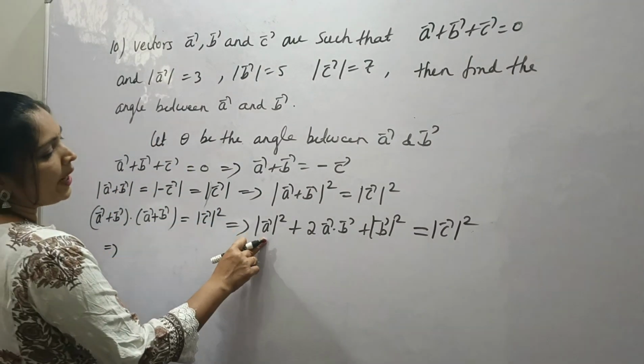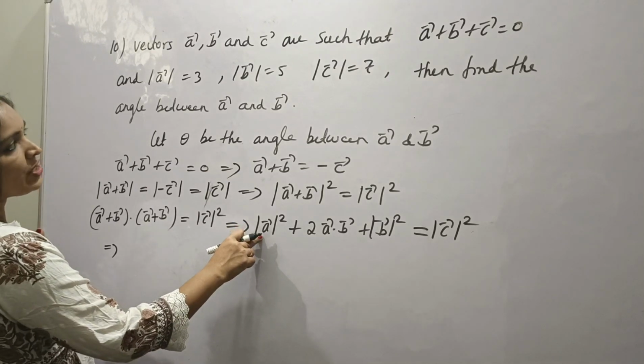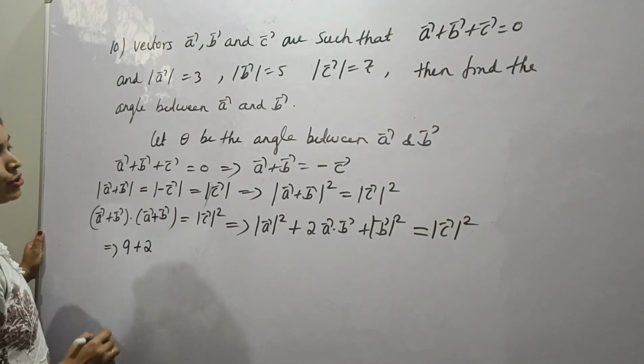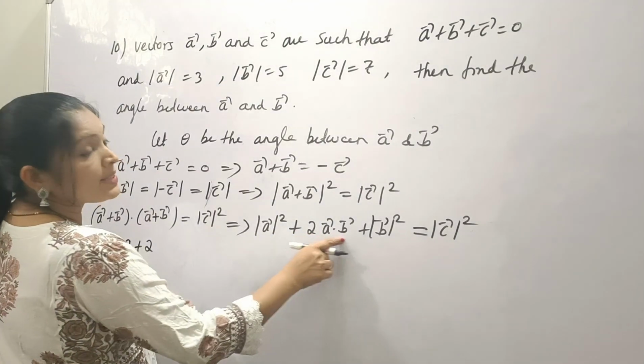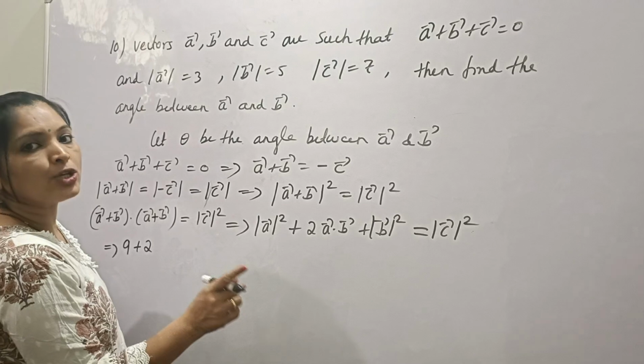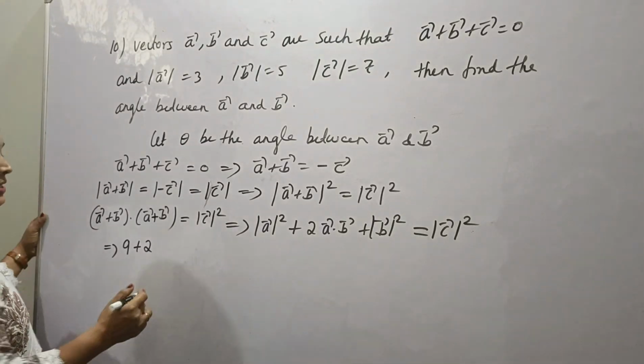Substitute these values. Modulus of vector A is 3, square 9, plus 2 into, apply the formula, vector A dot vector B is modulus of vector A into modulus of vector B into cos theta. Right?